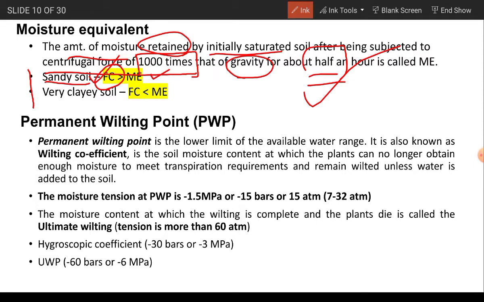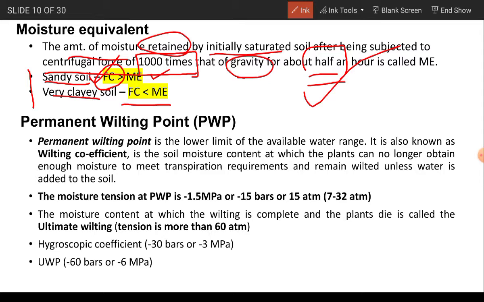Similarly, for clay soil, the field capacity is less than the moisture equivalent, because it has the power to absorb and retain water. As the clay content of soil goes on increasing, the water retaining power of the soil goes on increasing.